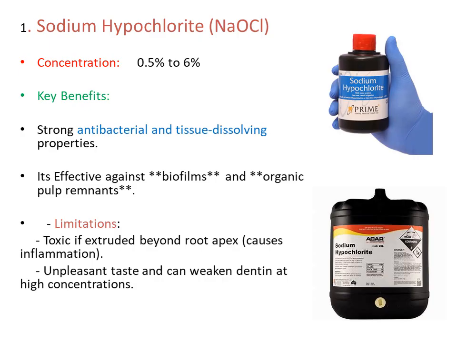It dissolves the necrotic tissue, necrotic pulp very quickly and very effectively. Second, it's effective against biofilms and organic pulp remnants, whatever necrotic or decayed pulp remains in the tooth canal, that is destroyed and easy to remove with the use of sodium hypochlorite.